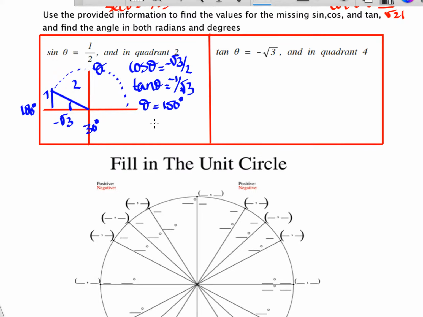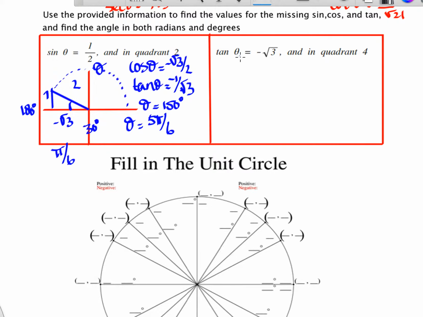In terms of radians, you have to convert that. And this is where it comes in handy if you sort of know that 30 degrees, how many 30s go into 180? Well, 6. So 30 degrees is pi over 6. And how many do you have? You have 5 30s in 150, so this is 5 pi over 6.